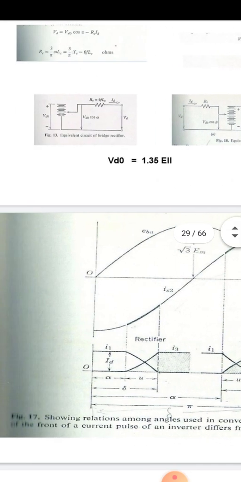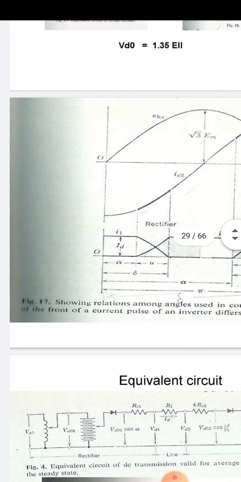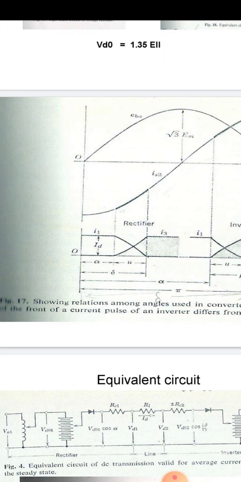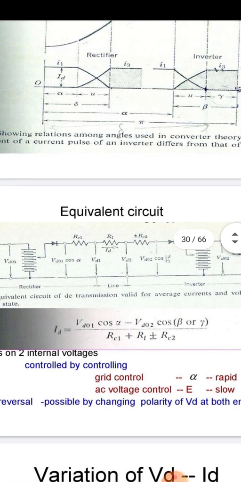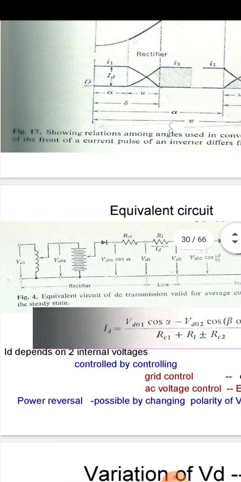So both circuits have some technical difference. Otherwise, both circuits perform a great conversion, rectifier as well as inverter. This is the rectifier and inverter operating graph. Then this is the equivalent circuit of the HVDC, the entire HVDC module.